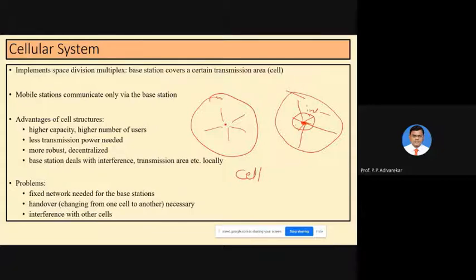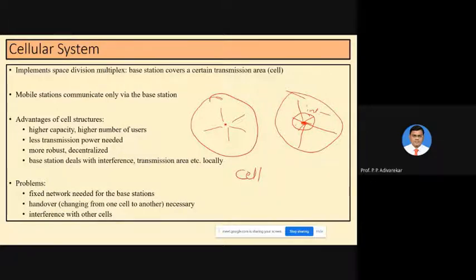Now we'll see why it is called a cell. We have seen that we cannot achieve a circular radiation pattern, that means an isotropic antenna is not possible. With a sector antenna, we can form beams of different shapes and sizes to achieve a radiation pattern.